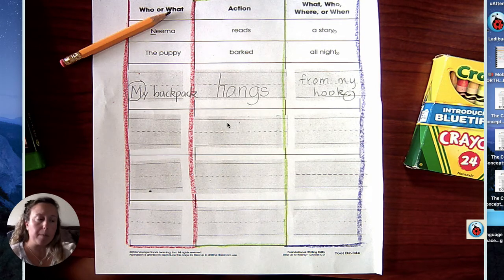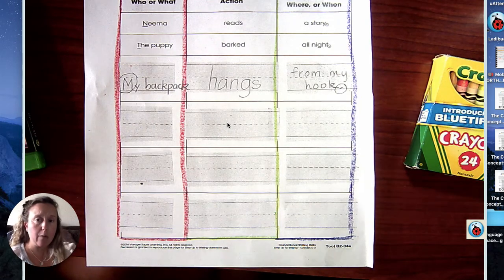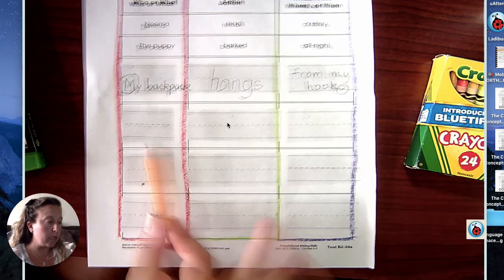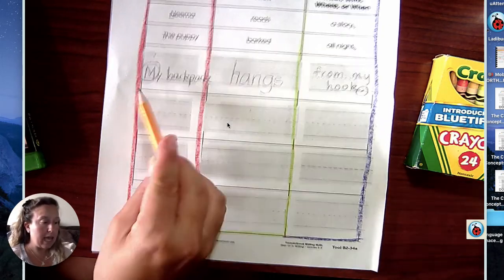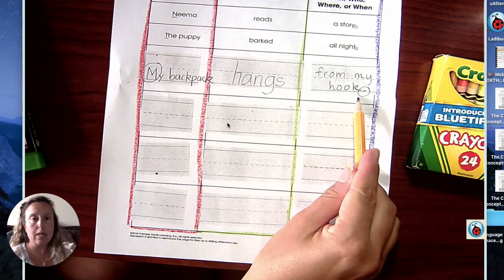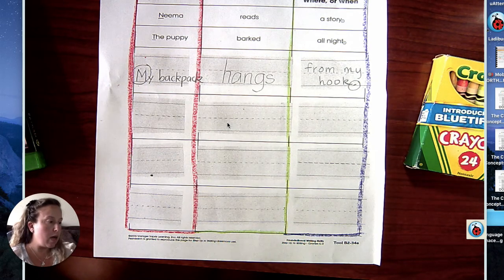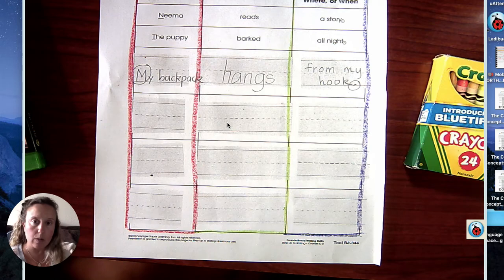Now, your job is to use those ideas that I had written out for you to create your own sentences with a red, a green, and a purple part of each sentence. I'd also want to see capitals and periods. The reason I gave you those words and ideas is because I wanted you to make sure that you could spell things correctly and maybe had some ideas to start with.